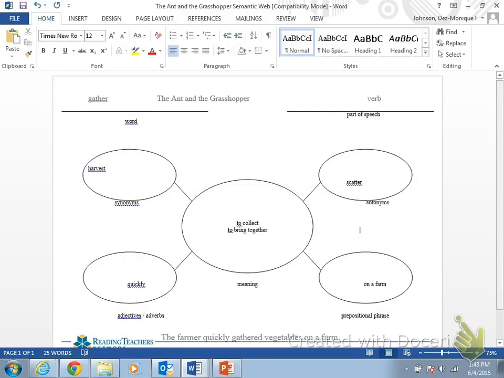All right, so now you're going to get a chance to practice on your own. I want you to make sure that you keep your first semantic web that we created together using the word gather, and I want you to make sure you keep it close to you as you get ready to complete your second one for the word grains. Before you get started, I want you to take a few minutes and make sure you understand all the steps we went through to get this completed graphic organizer.